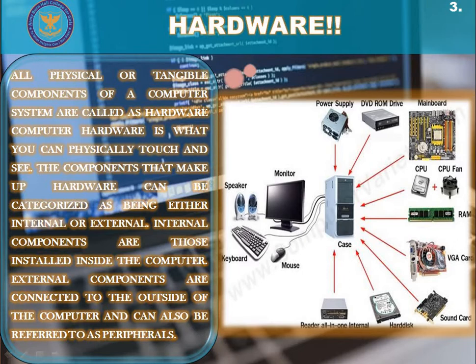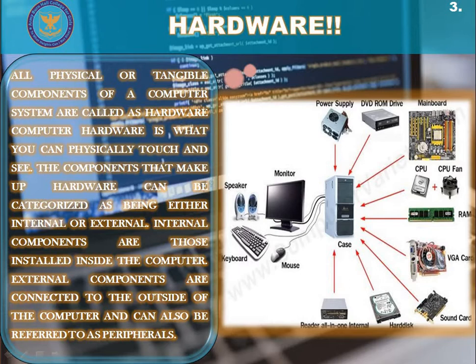These all are included in hardware. These all are called hardware components. Why are they called hardware components? Because they are physical parts. They can be touched as they are tangible. So all physical or tangible parts of a system are called hardware.